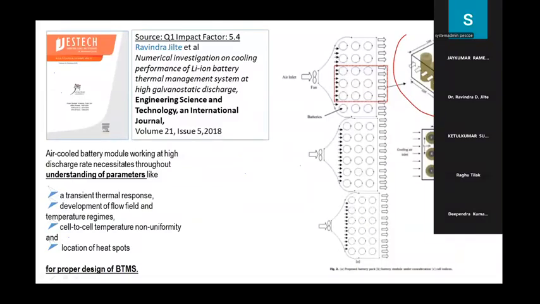What I've done is arrange the batteries in a particular fashion, and indexing of the batteries is also done so that we can understand and find the battery heat generation in each battery and how the accumulation of heat takes place in and across the batteries. So as I mentioned, although it looks simpler, you need to find the research gap.